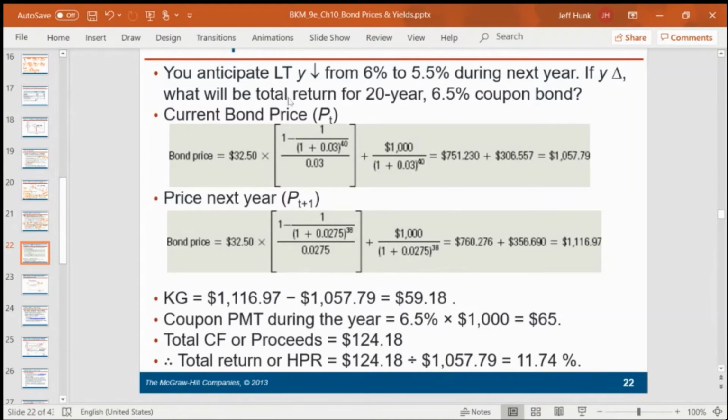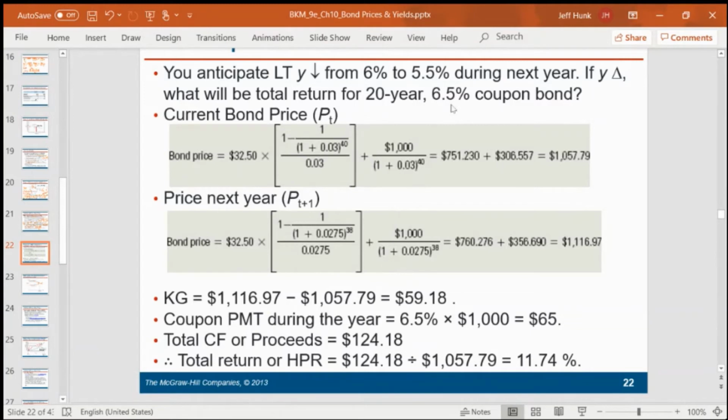Okay, so that's called guidance. So let's say you anticipate the long-term interest rate to drop from 6% to 5% during the next year. If the yield or discount rate changes, what will be the total return for a 20-year 6.5% coupon bond?